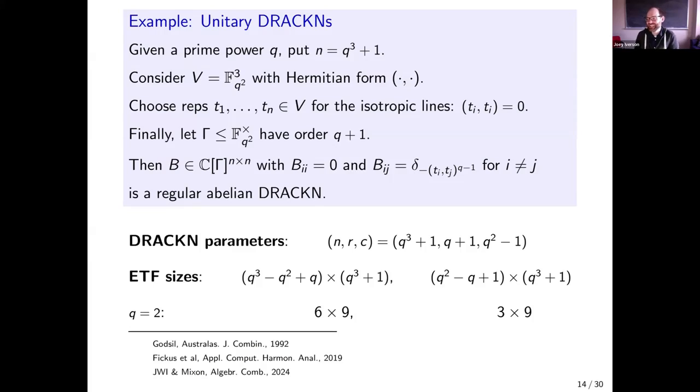Oh, okay, thanks for clarifying. And in that paper, I think you do not just make DRACKNs, you make something that goes beyond that. Is that correct? Yes, we generalize in the direction of generalized quadrangles. Right, okay.